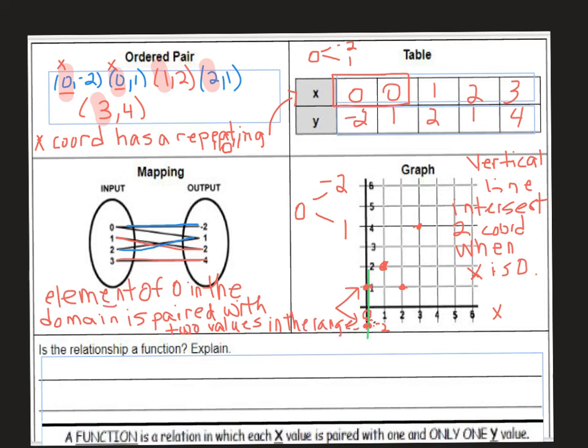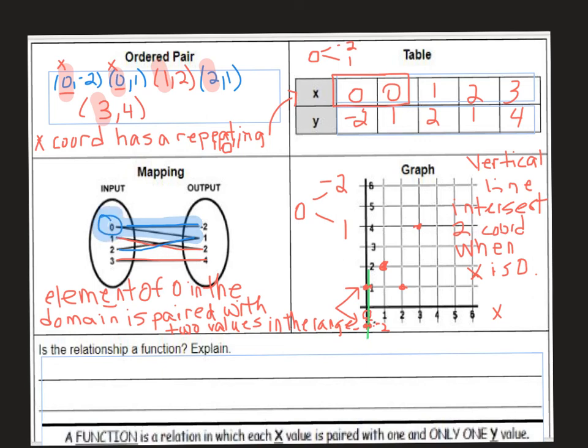And you can see that because, and I'm just going to highlight this in blue, from 0 you see two arrows coming from 0 to -2 and +1. And remember, in a function you can only have one arrow, so that 0 is what is messing it up.